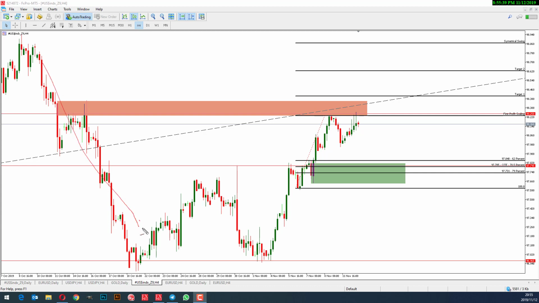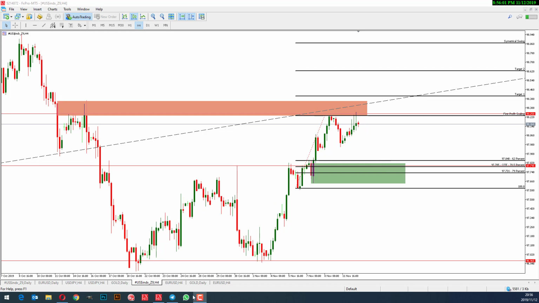We had a drop in price, then we had this M formation here, which was breached here, and then price rallied.